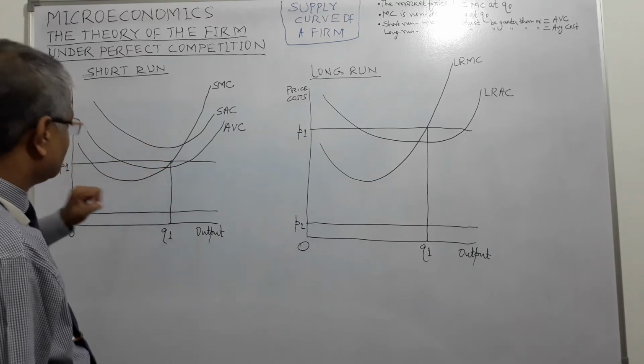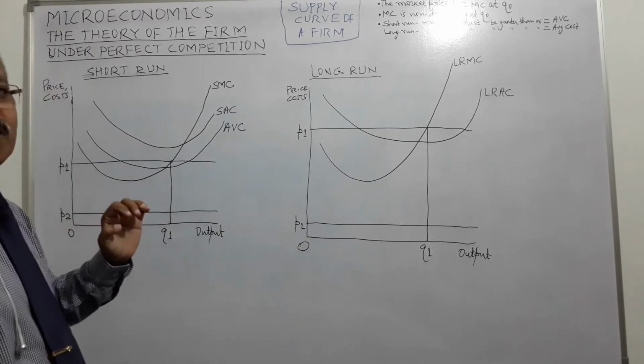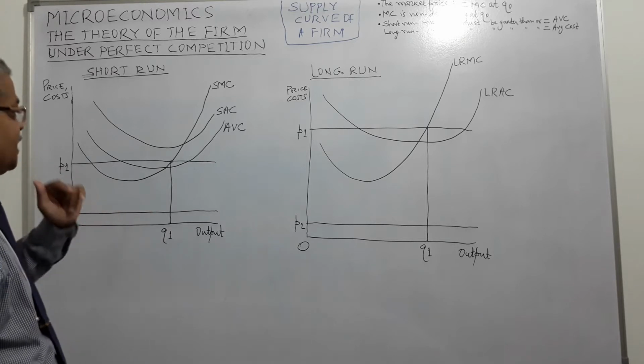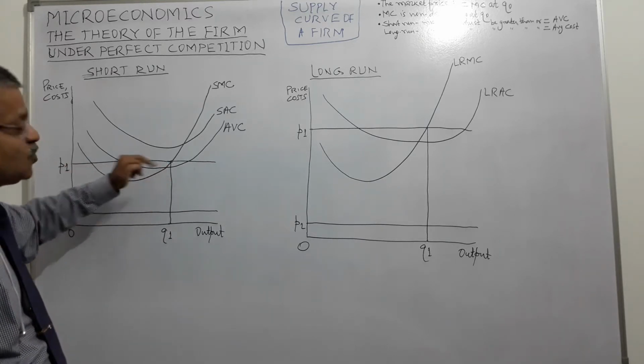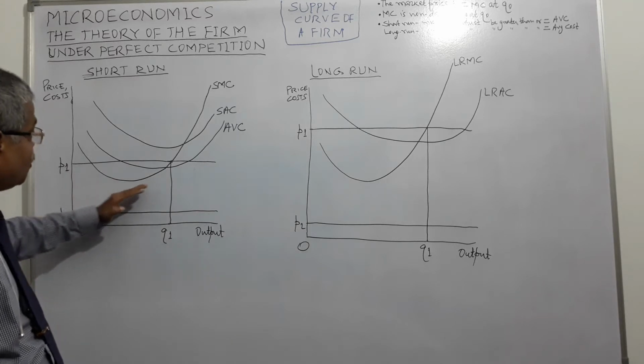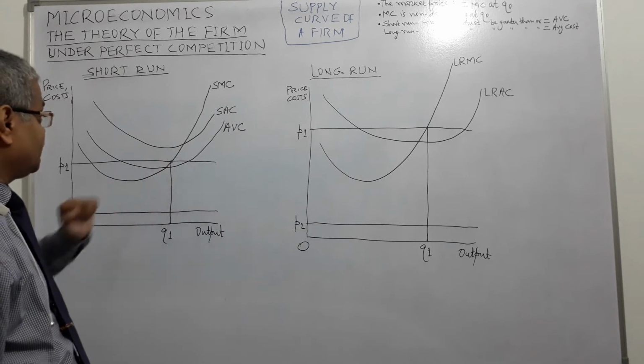One condition is met. Second condition is marginal cost should be not decreasing. So at this point SMC is not decreasing. We have got it on the rising part of the SMC curve here.